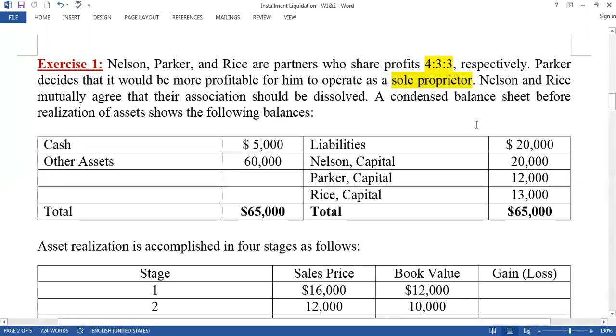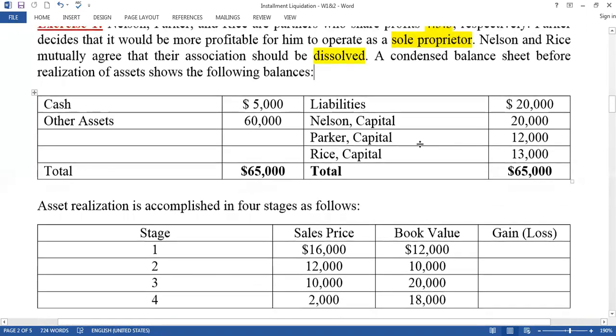He said, I want to be the only owner, so I am not going to continue with you. And Nelson and Rice mutually agree that their association should be dissolved. So Parker is going to leave, and the other two decided not to continue the business, to liquidate it, to close it. And this is the balance sheet before the liquidation.